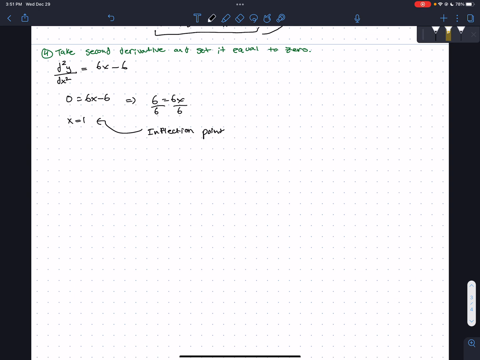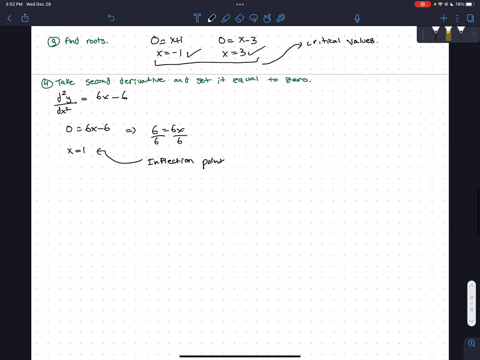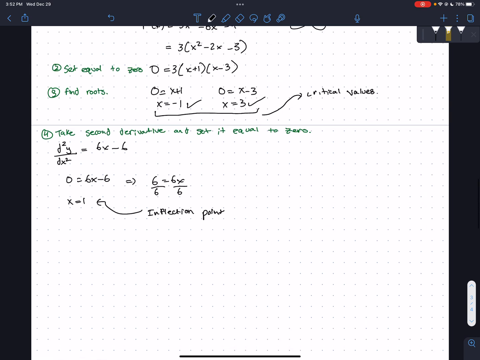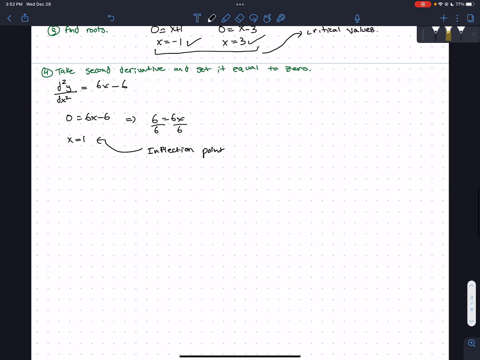We have it at x equals 1, x equals negative 1, and then we also have x equals 3, right? Now, the thing is, we have one inflection point, so we need to figure out what's happening around that inflection point. Like, is it concaving down to up, or is it up to down?